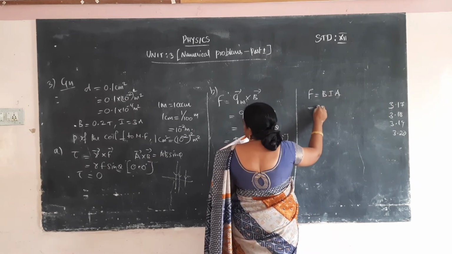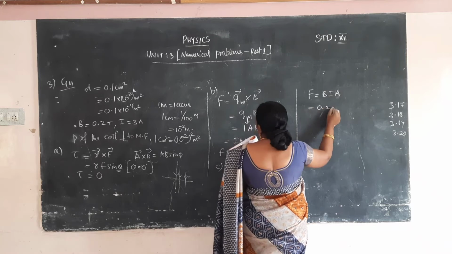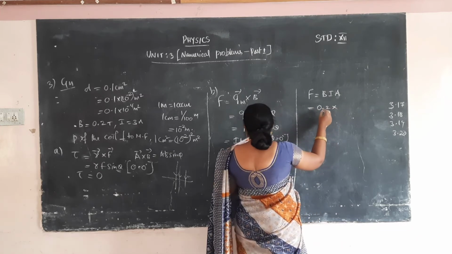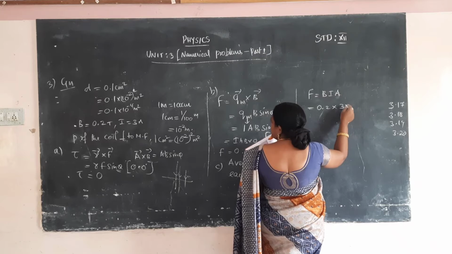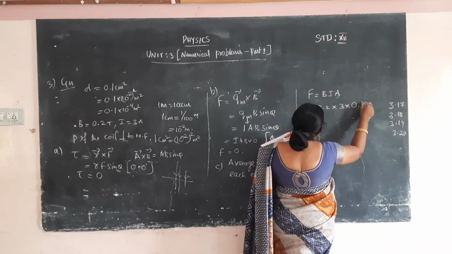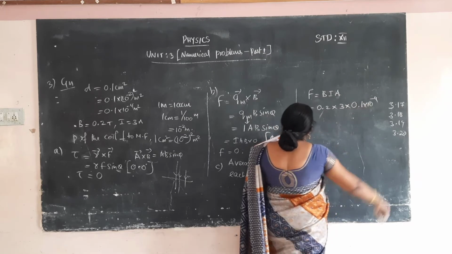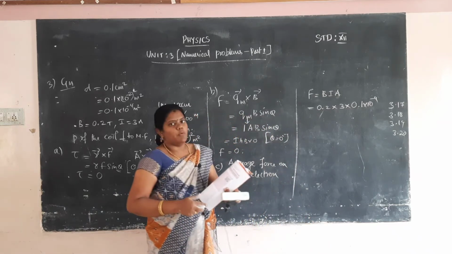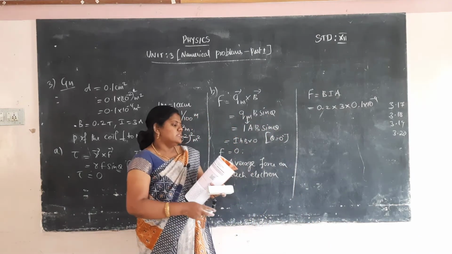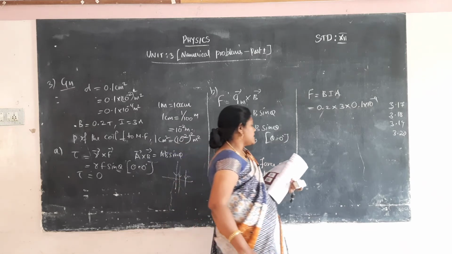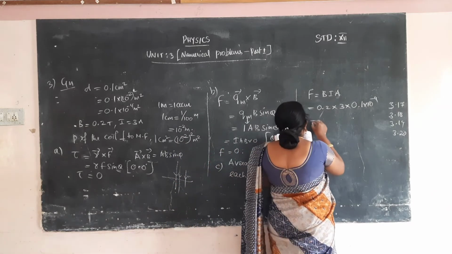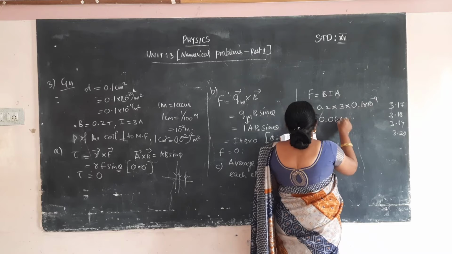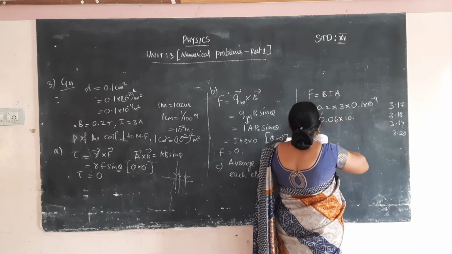So B is 0.2, I value is 3 and area is 0.1 into 10 power minus 4. So 0.2 into 3 into 0.1 into 10 power minus 4 is equal to 0.06 into 10 power minus 4.